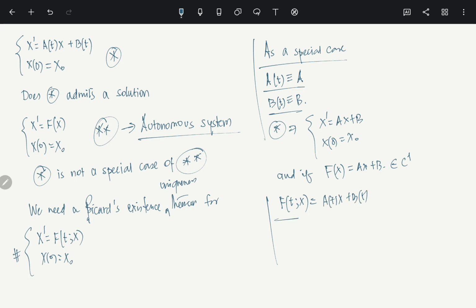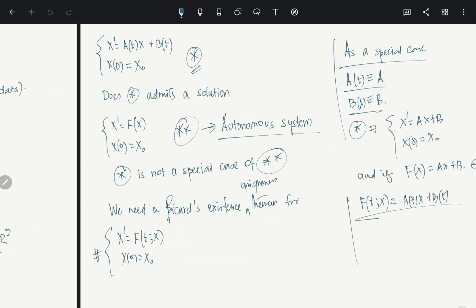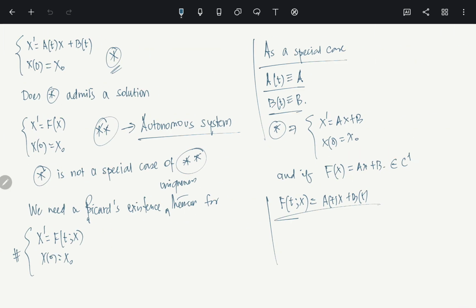And of course then you can use the Picard existence uniqueness theorem to say that star has a unique solution in a neighborhood of 0, which will imply that one will have a unique solution in a neighborhood of 0. Is this clear?